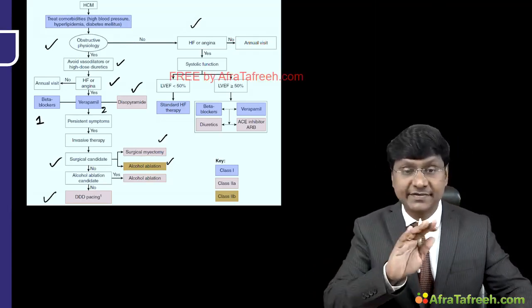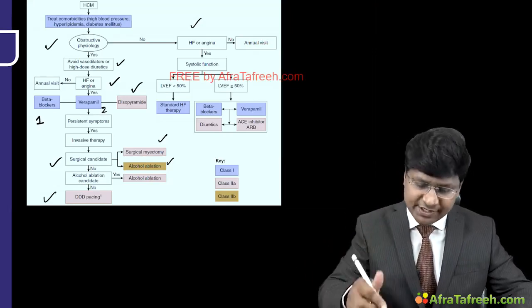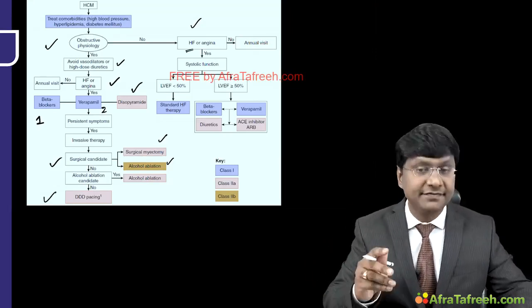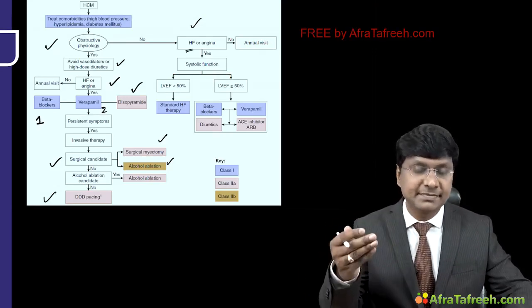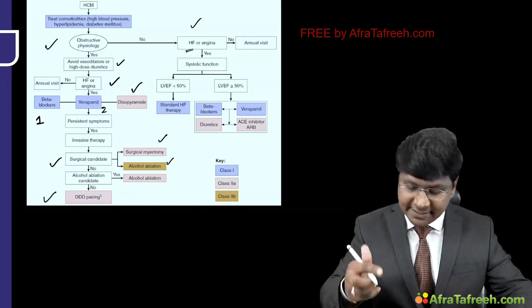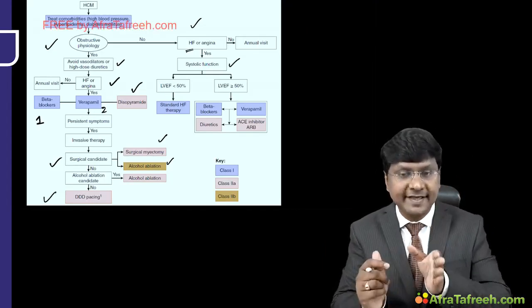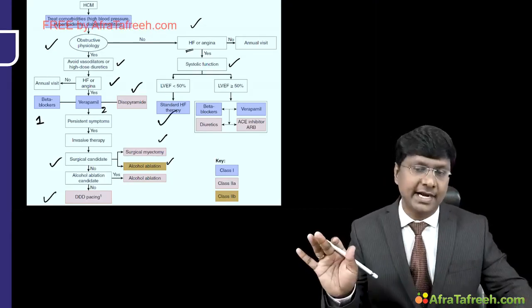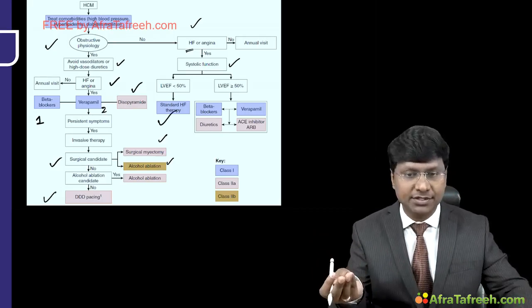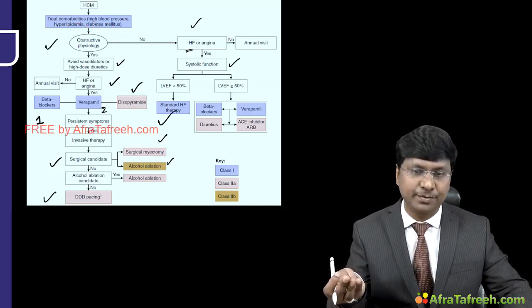And if there is no obstructive physiology, that means if there is apical hypertrophy, in such case you need to check whether symptoms of heart failure or angina are present or absent. If the symptoms of heart failure or angina are present, then you need to check the systolic function. If the LV ejection fraction is less than 50%, then the standard heart failure therapy, that is beta blockers, ACE inhibitors or angiotensin receptor blockers, and aldosterone antagonist should be given.